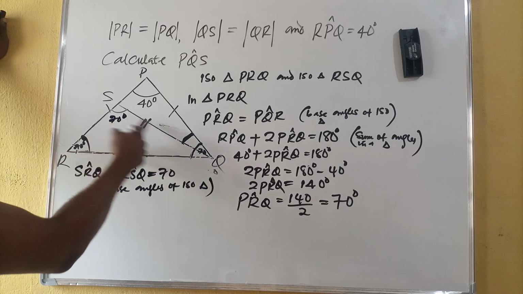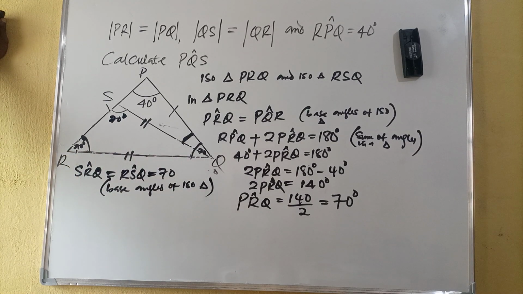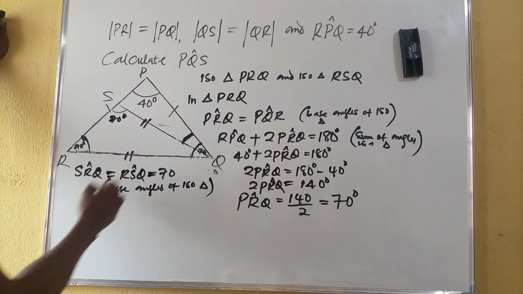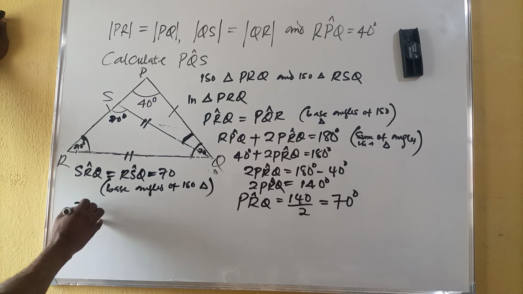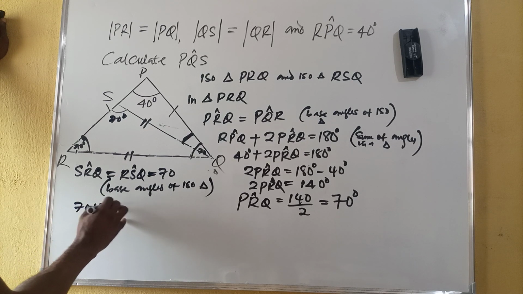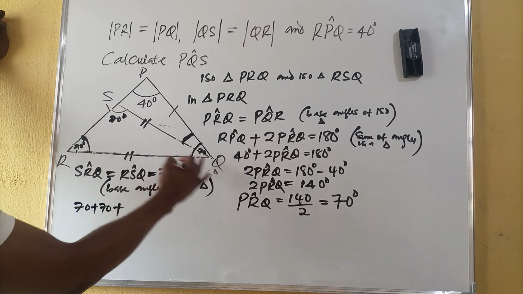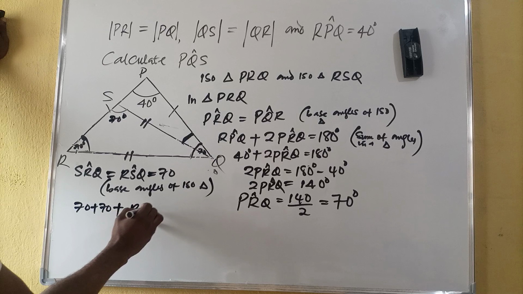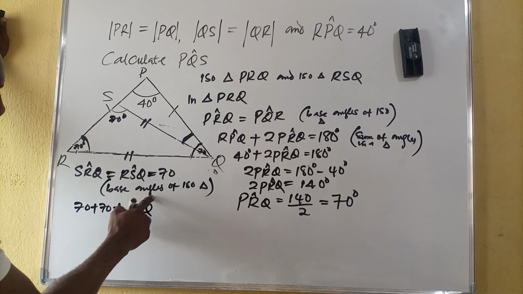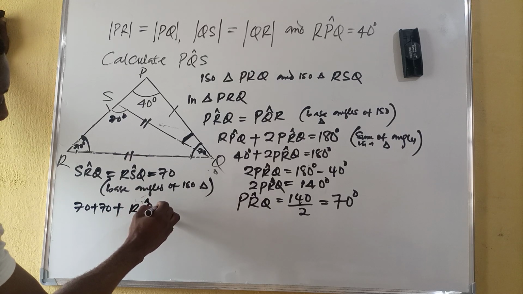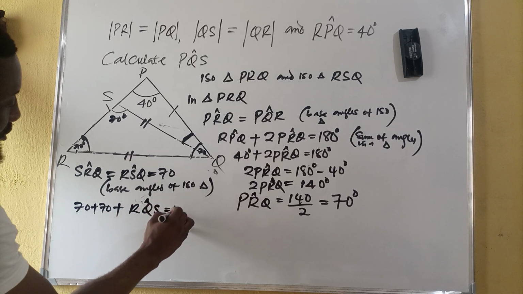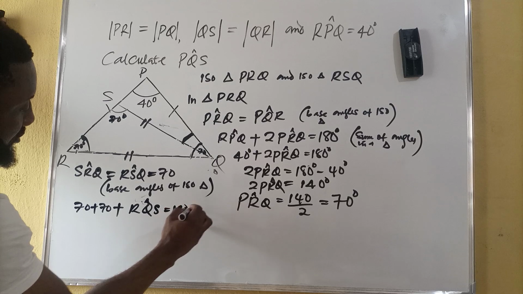But this is now 70 degrees. This plus this plus this will give us 180 degrees. So we need to know this angle. So 70 plus 70 plus this angle, which is RQS, is equal to 180 degrees.